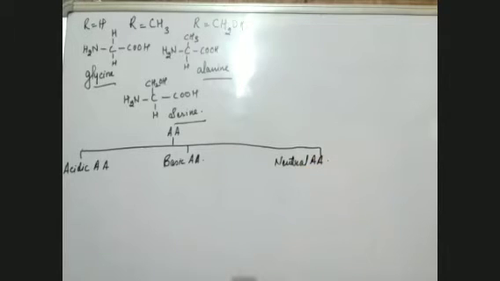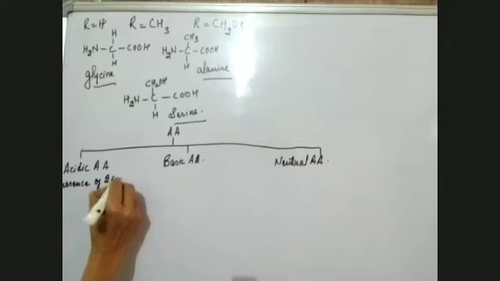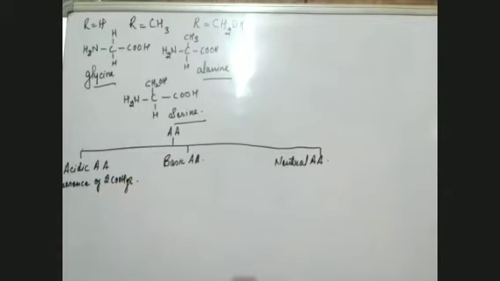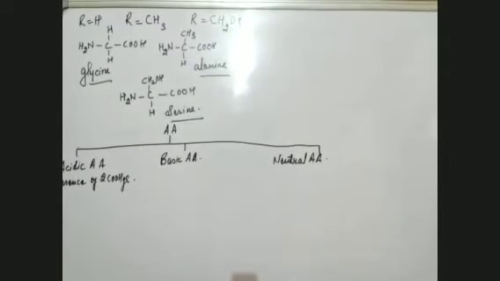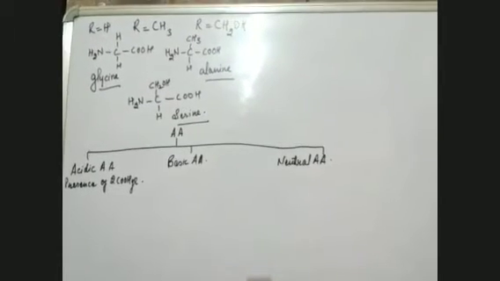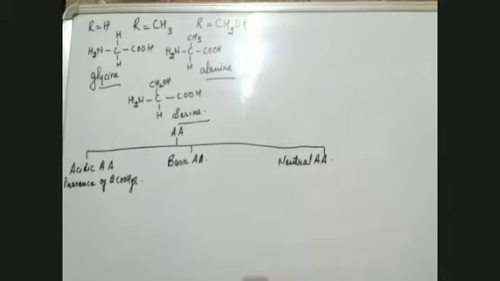If the amino acid has two carboxylic groups, two COOH groups, then we call this an acidic amino acid. That means the presence of two carboxylic groups makes it an acidic amino acid.